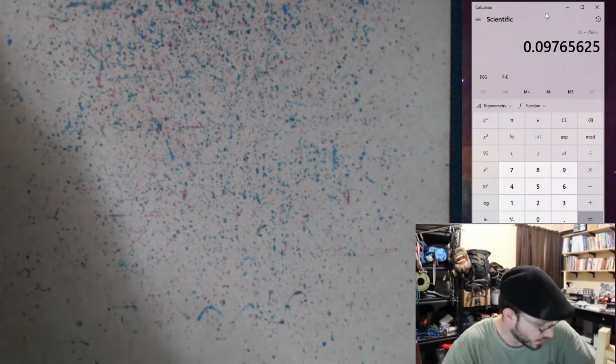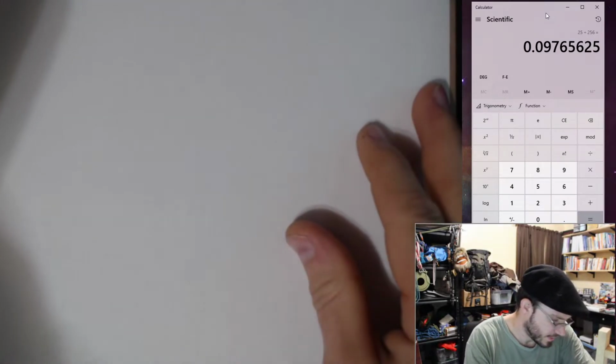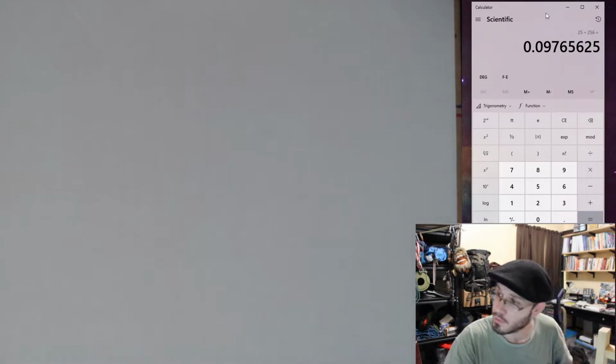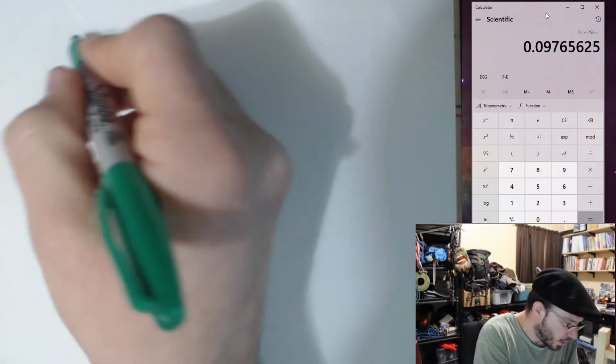We need to scale this. Actually, there's two things we need to do. Let's talk about what we would desire to do here. Okay, so we're going to take our sensor.